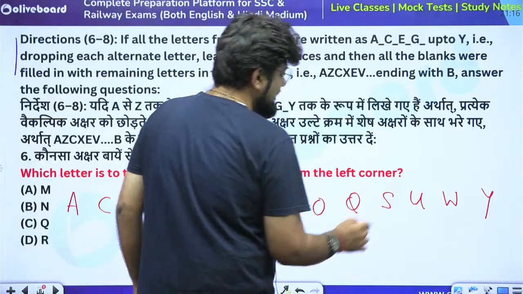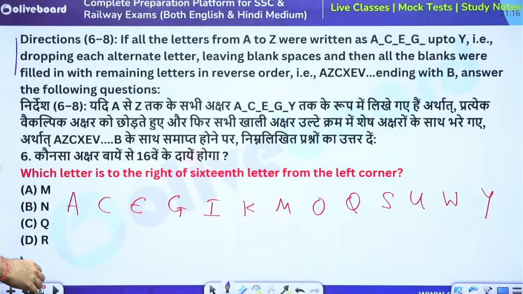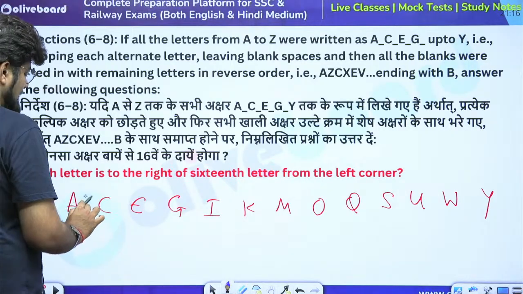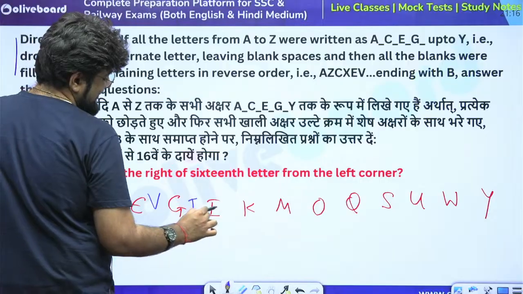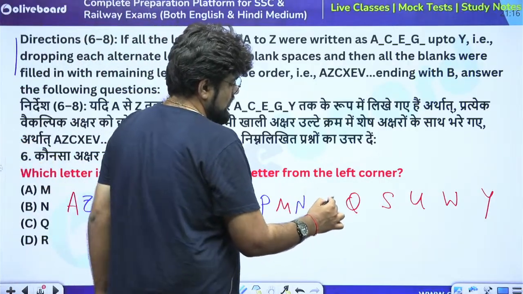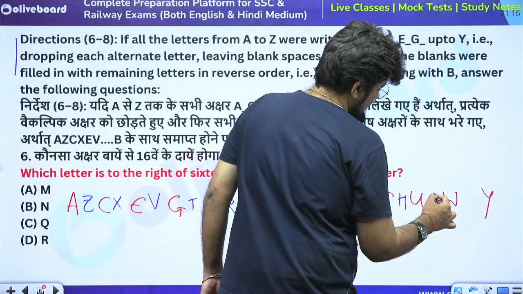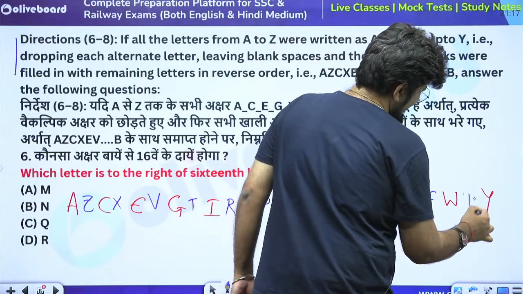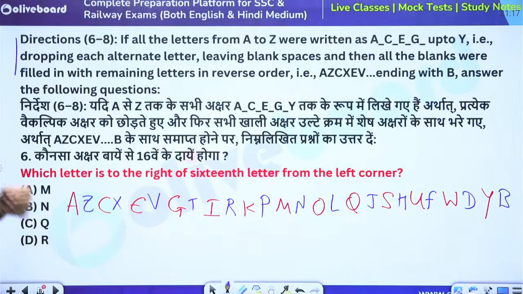And now the remaining letters, we start from Z and we write it here. So we'll write 26, 24, 22, 20, 18, 16, 14, 12, 10, 8, 6, 4, 2. Now this is the series.